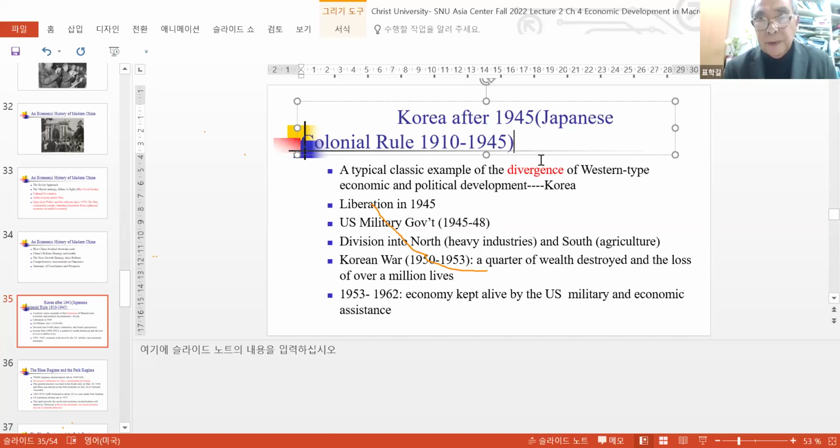So the keyword divergence: Western type economic segments are quite different from political development, which is not Western type. It's a very authoritarian regime. That's divergence, the word divergence. In 1945, as I said, liberation and US military government in South Korea.